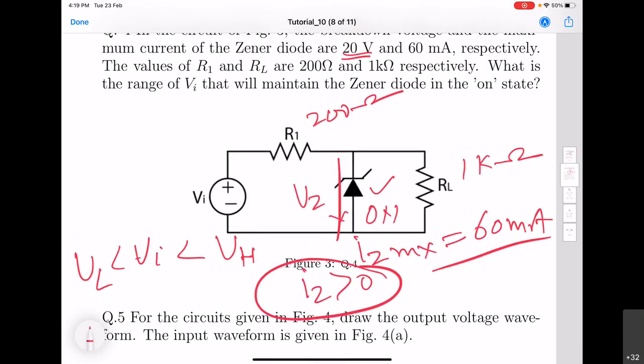So try to find out this lower value and the higher value for the input voltage, so that Zener diode conducts in reverse bias, of course. So this polarity will ensure that Zener always experiences a reverse bias. So we just need to focus on the voltage of this VI.